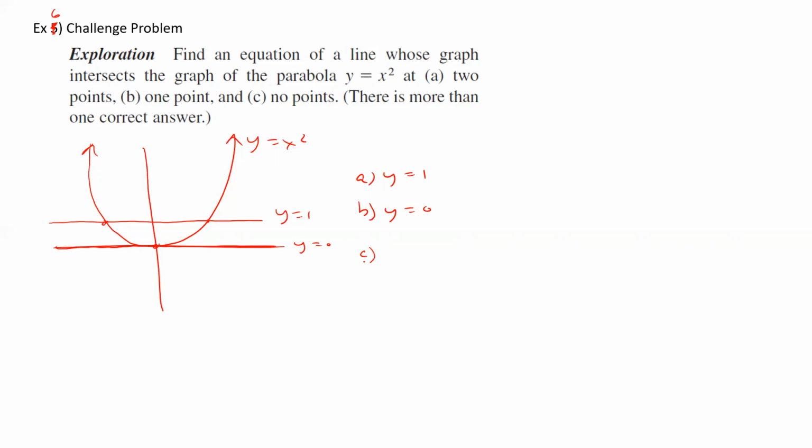I want it to hit at no spot whatsoever. Just go a little bit lower, huh? Y equals negative 1. Perfecto. And that's super easy.